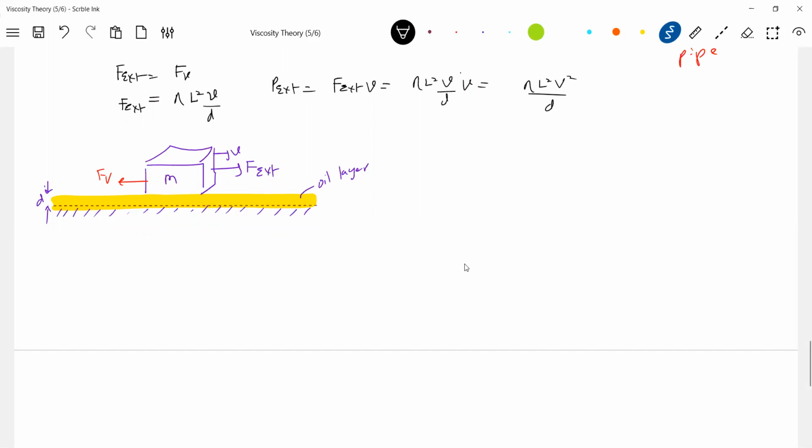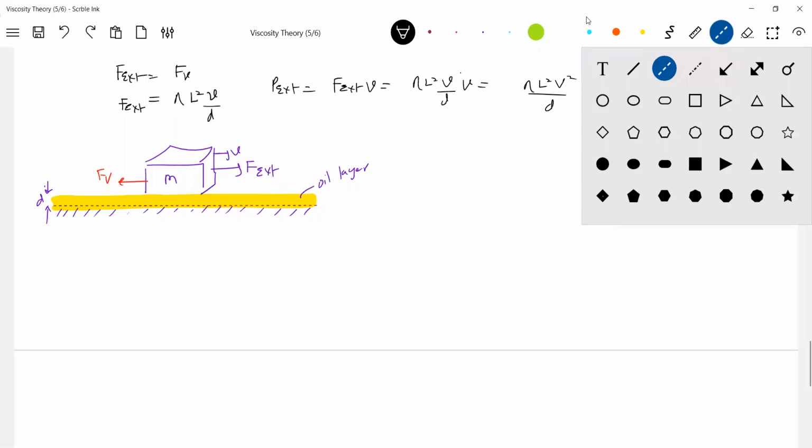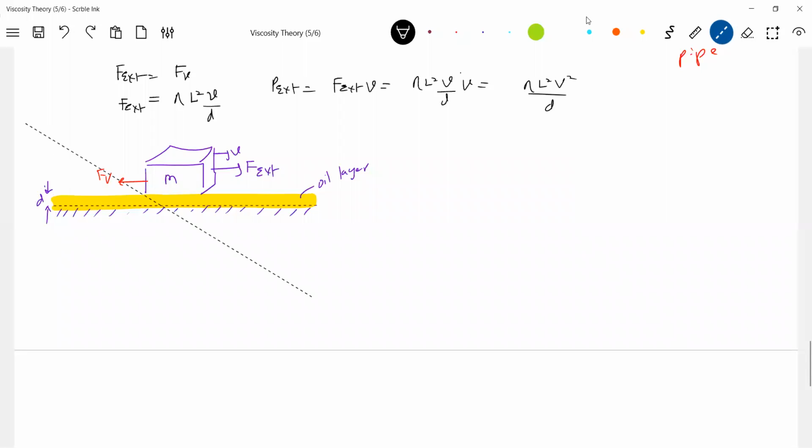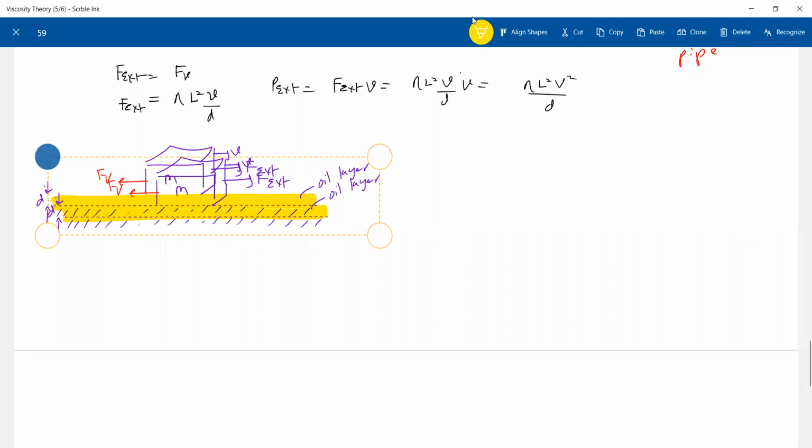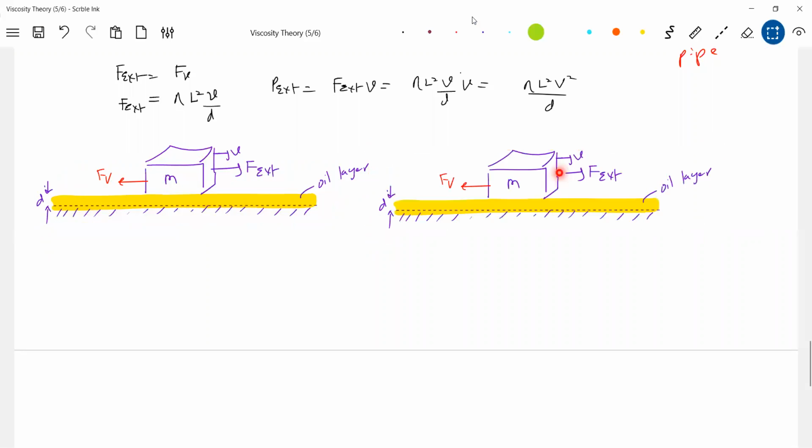Instead of this, let me bring some other body. So here, let me bring a circular disk and drag it.